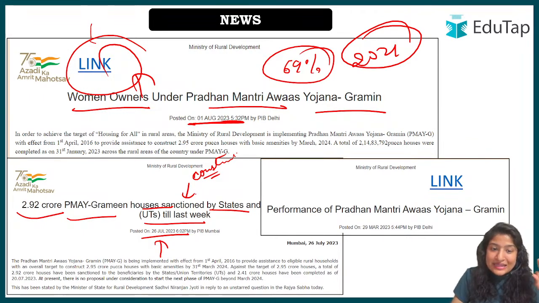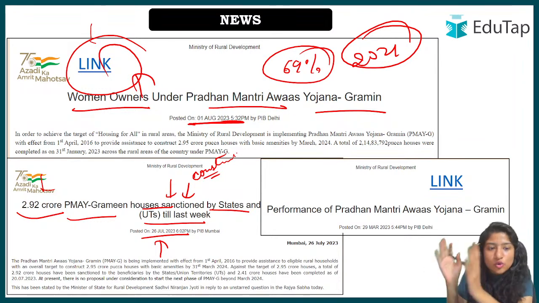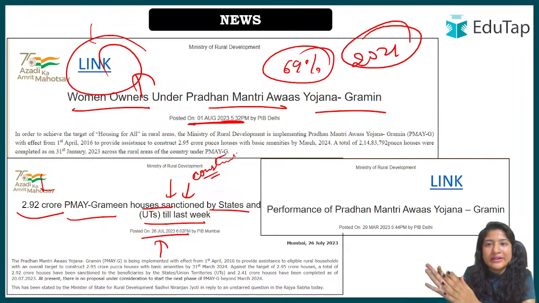Now sanction means that of the total target of 2.95 crore, the government has passed the resolution that 2.92 crore houses will be made. So beneficiaries have been decided for 2.92 crore Gramin houses.